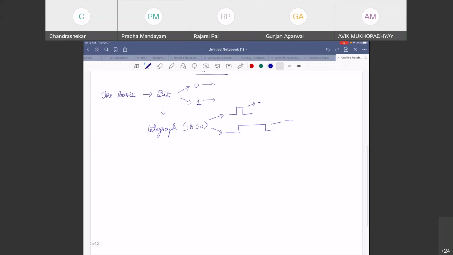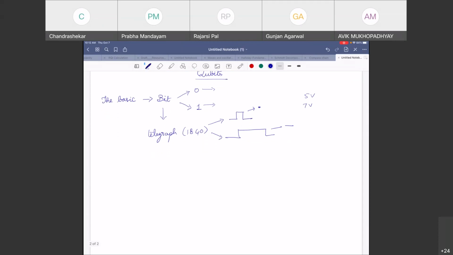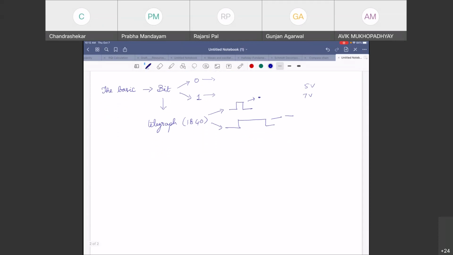If you discretize it, it's actually easier to work in electrical circuits, because if you have, let's say, a voltage of 5 and a voltage of 7 for a 0 and a 1, then sometimes you will have something between 5 and 7. So what happens to that? It's not a question that is easy to handle technologically. So what they prefer to do is use bits. Now, when you come to quantum information theory, we have something called a qubit.